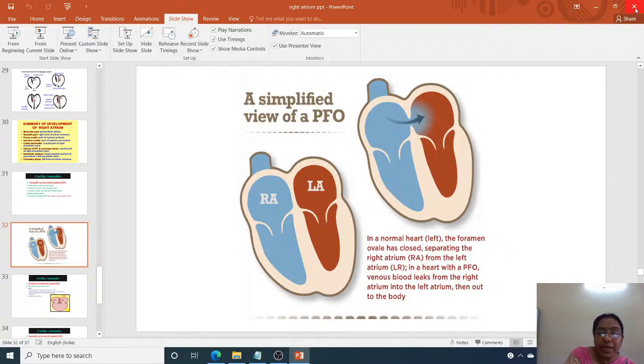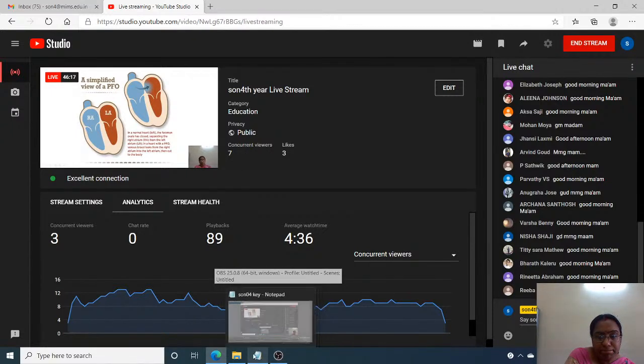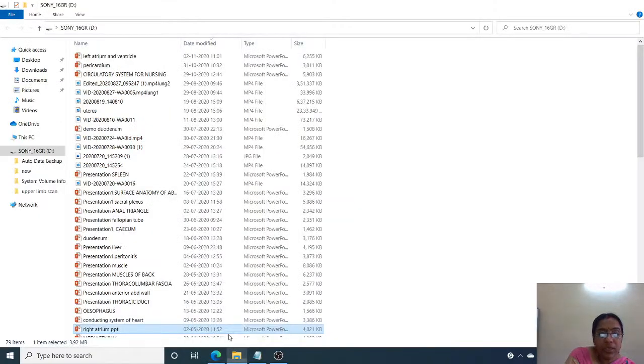So continuing the class, the next is the left atrium. As I have said, today I will be doing the right atrium. The other class will be the left atrium and other chambers of the heart, meaning the ventricles.